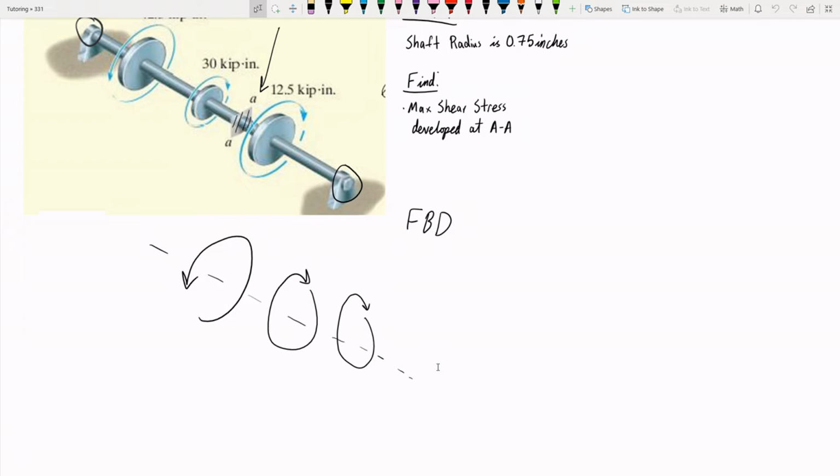I'm going to personally consider counterclockwise to be positive when I do this. So our next step is simply to use the torsion formula here to figure out what's going on.